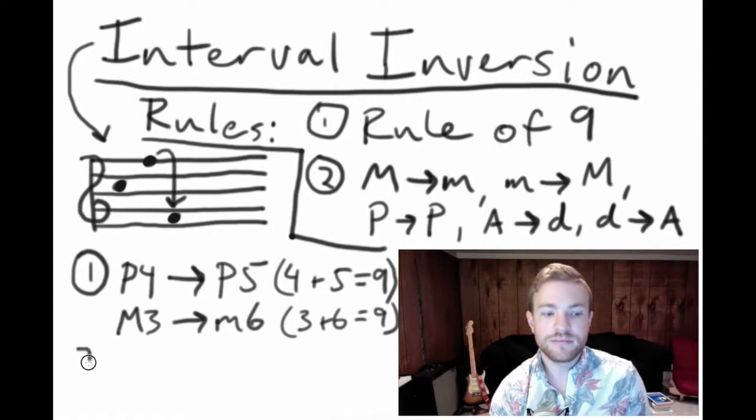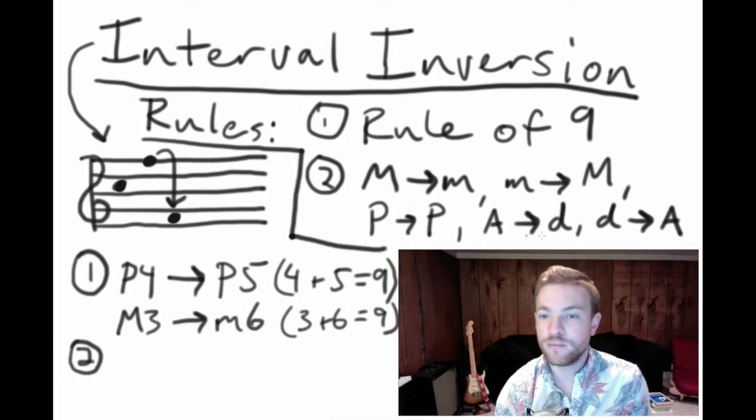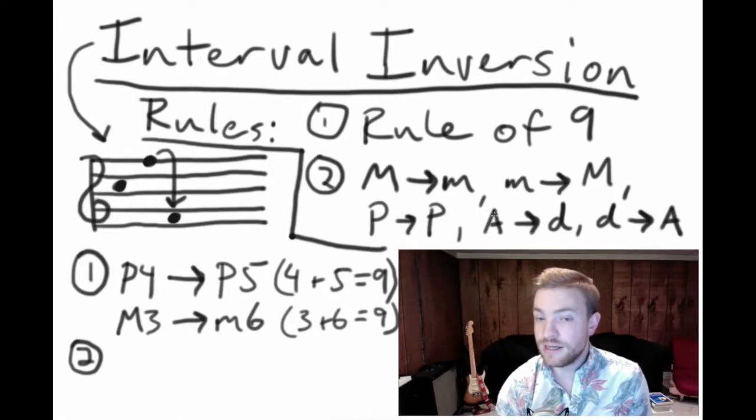So that brings in the second rule. These are some rules that you're just going to have to memorize when you're working with intervals. Major intervals become minor when inverted, and vice versa. So major becomes minor, minor becomes major. Perfect intervals stay perfect. Augmented becomes diminished, and diminished goes to augmented.